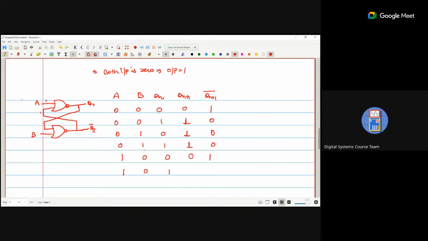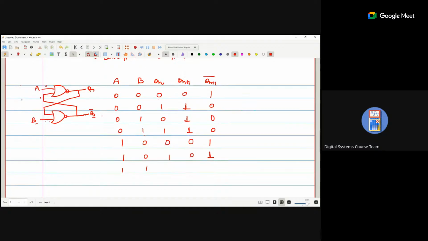This 0 will be fed to B, so you are getting 0, and this 0 will be fed to B, so you are getting 1. Now when both are 1, 1, okay, one input is 1, so that means you are getting both outputs 0.